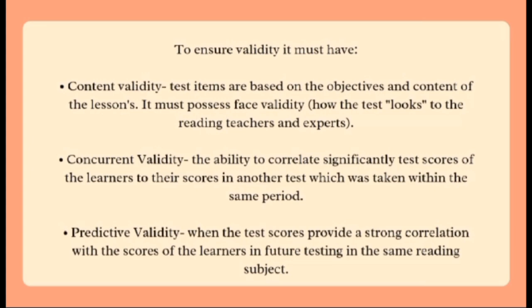Meaning, congruent validity examines how well a test result correlates with the results of another established test measuring the same construct, administered at the same time. This helps determine if the new test is measuring the same thing as the already validated test.